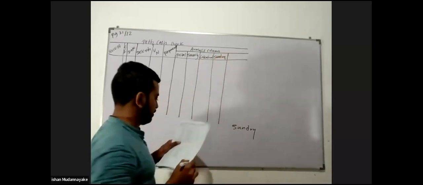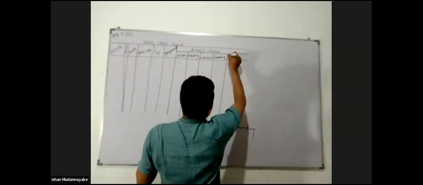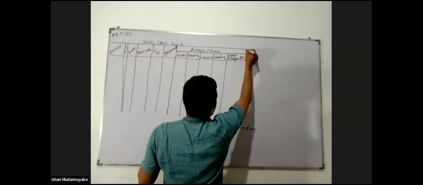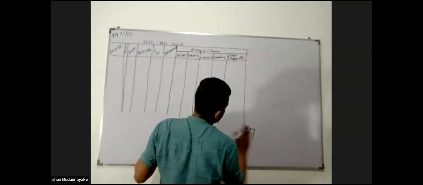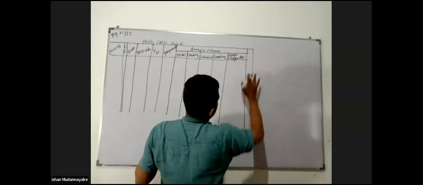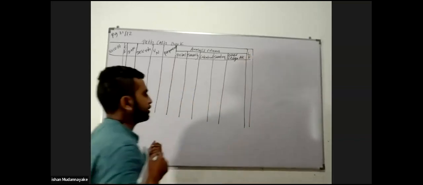And then here other ledger accounts. And then here another LF column, the ledger folio.